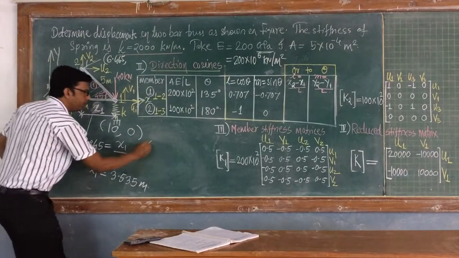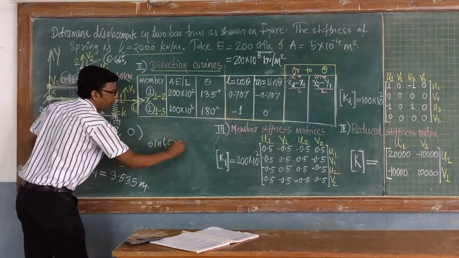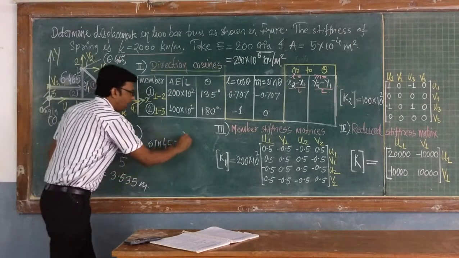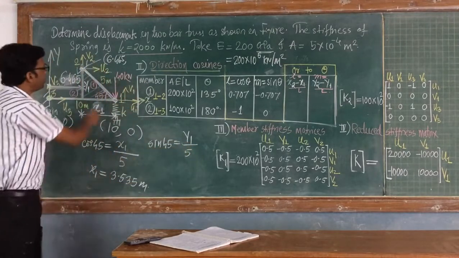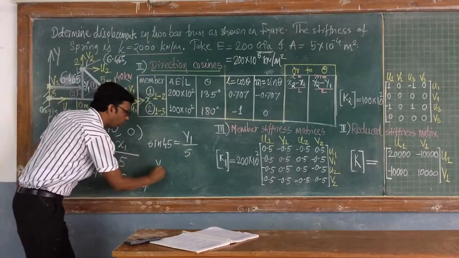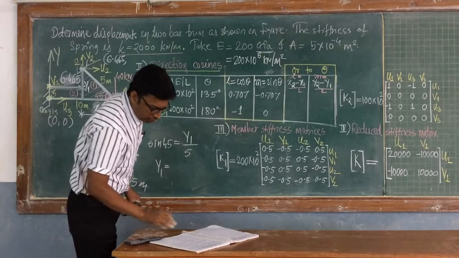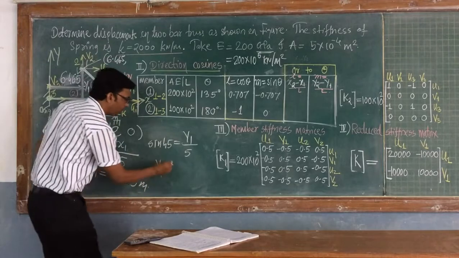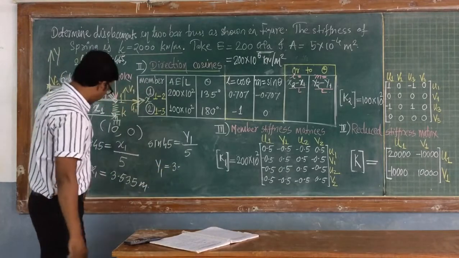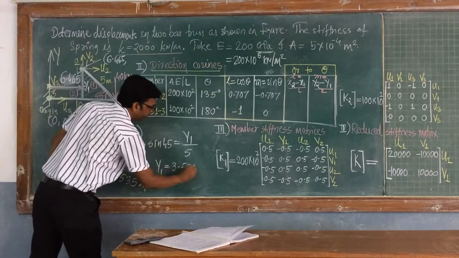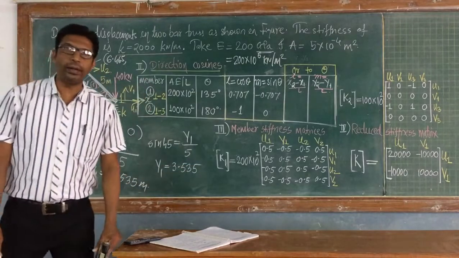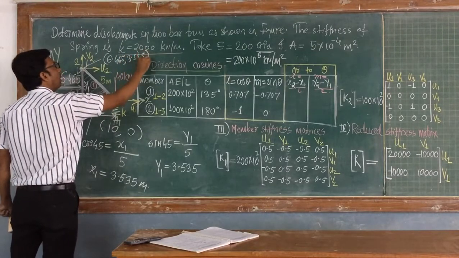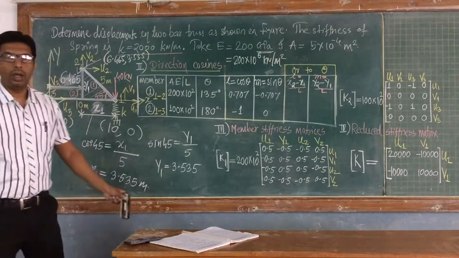So sin 45 is equal to, let us assume this is y1, upon the diagonal, which is 5. So y1 is equal to 3.535.